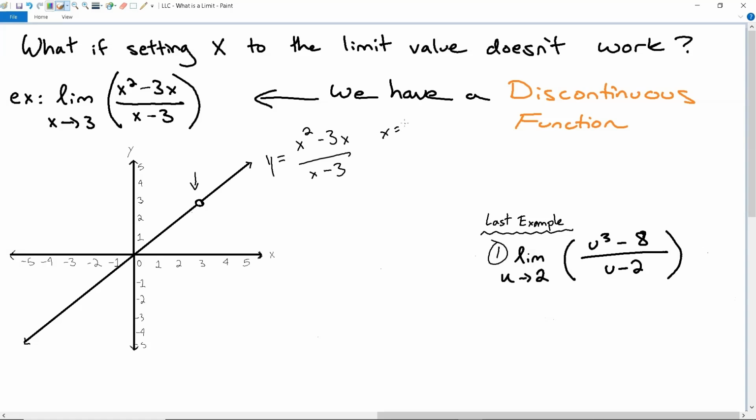If I set x equal to 3, let's see what happens. I get 0 divided by 0. And that is no good, because that means that our function is undefined at that point, or at that x value. Now, when we have a 0 over 0, that means that we have a point discontinuity.